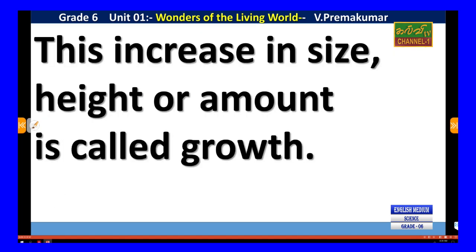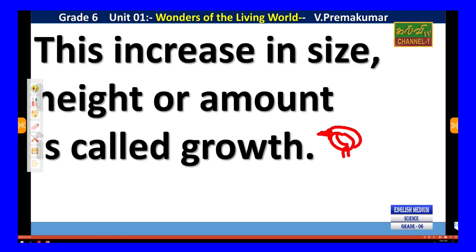This increase in size, height or amount is called growth. What is an increase of size? Let's say here a chick.